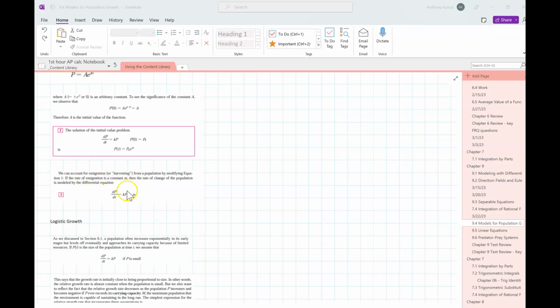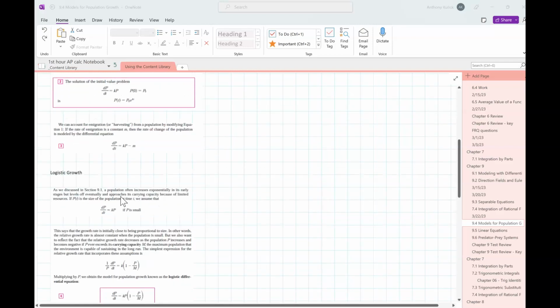So if we have some minus some constant m, our rate of population change could be modeled by this differential equation. And you're actually going to look at this differential equation in a little bit more detail when you work on the homework. I think there's a homework question number 15 that I assigned, where you're going to be doing something with this differential equation.